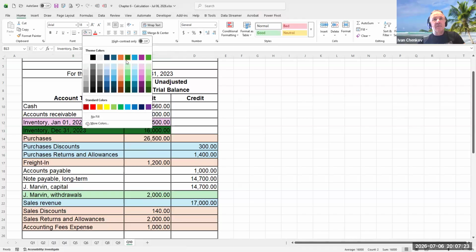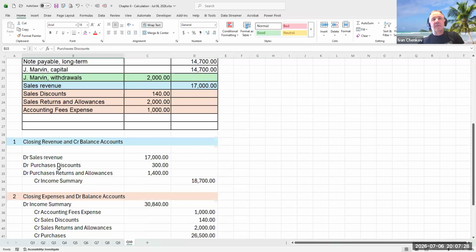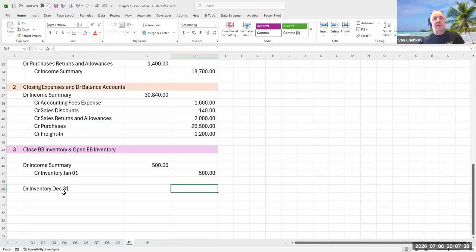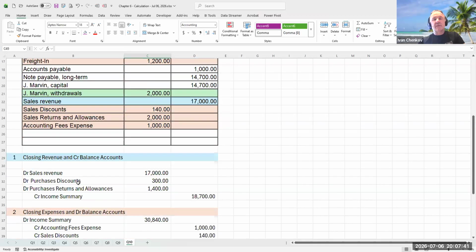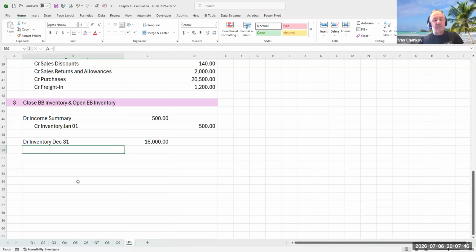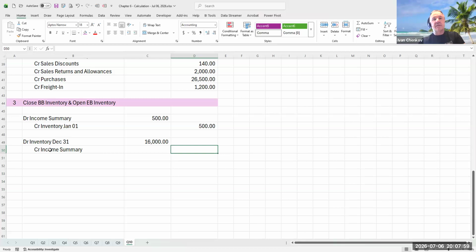Let me find another color to highlight it, a little bit darker. So how am I going to do this? Debit inventory, December 31st, and the amount there is 16,000. And I'm going to credit income summary with $16,000.